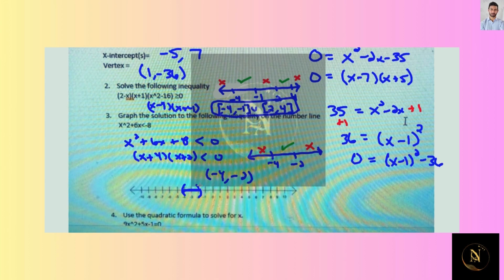And I think that's good based on, well, I can see this last one. I think it looks like it's 9x squared plus 5x minus 1. So with the quadratic formula, which is opposite b plus or minus the square root of b squared minus 4ac all over 2a, where a is 9, b is 5, c is negative 1.